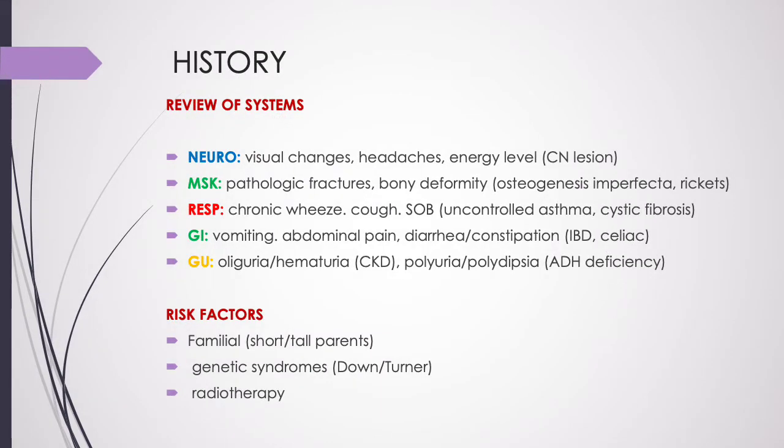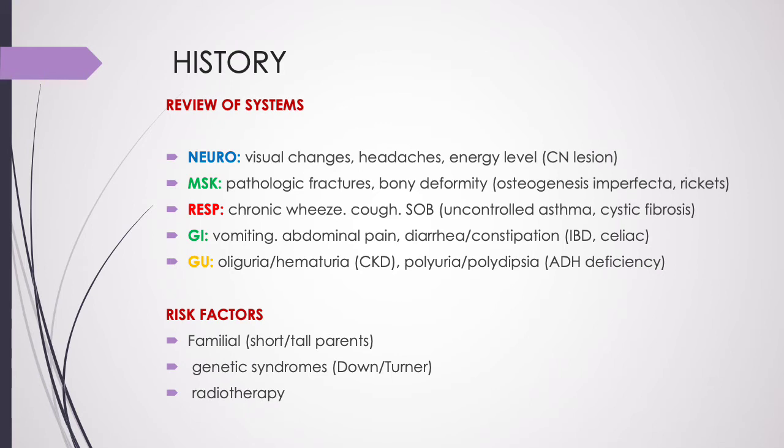Review of systems. Neuro: we have to ask about neuro symptoms such as visual change and headache. MSK: ask about fractures. Respiratory symptoms: wheeze, cough. GI: vomiting, diarrhea, constipation.